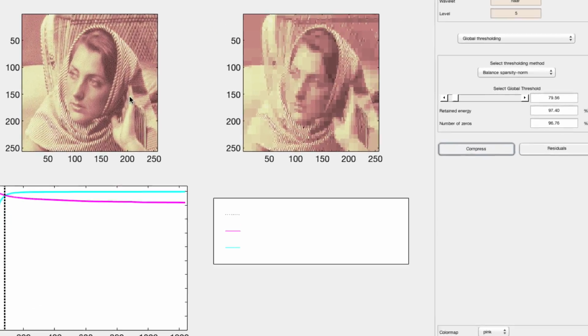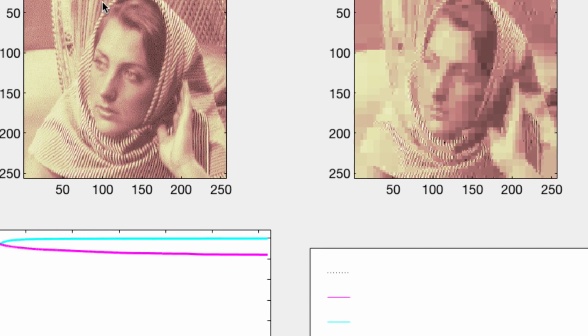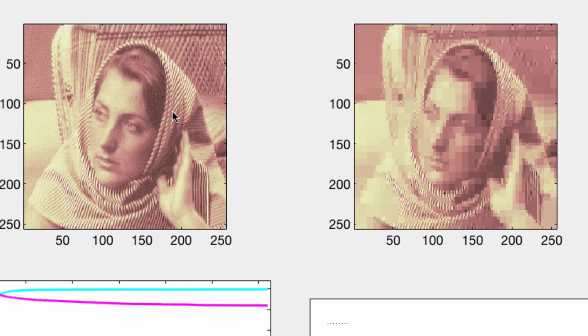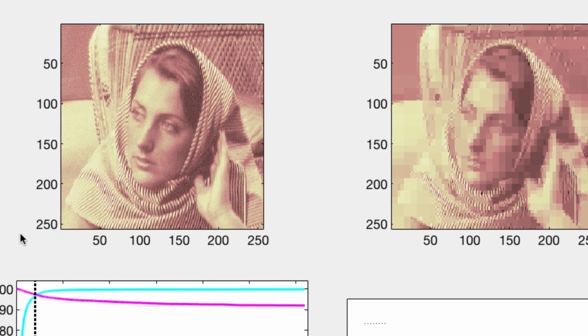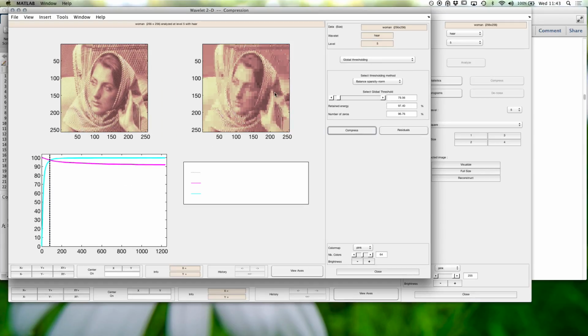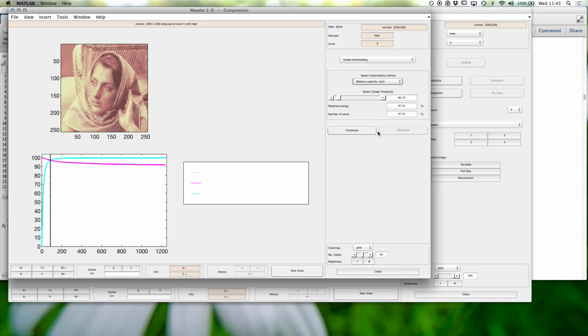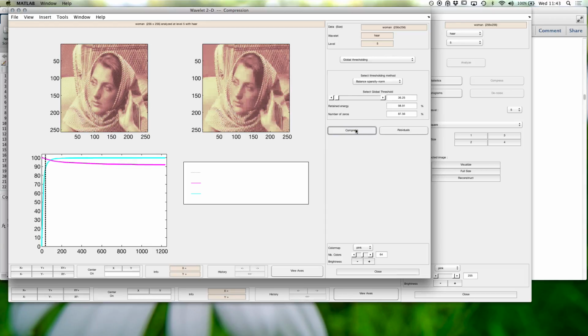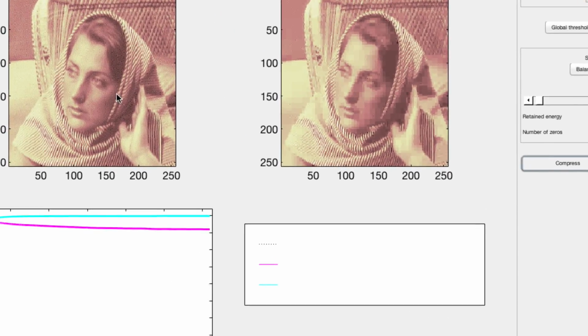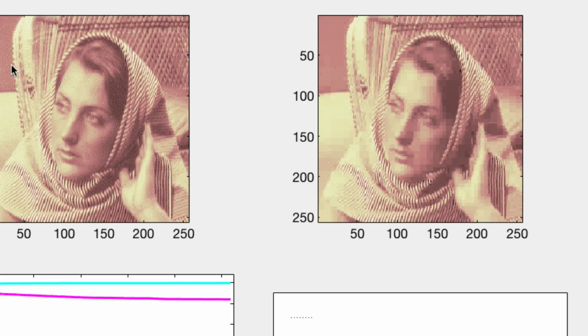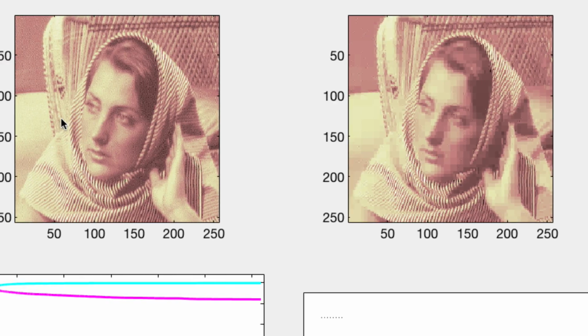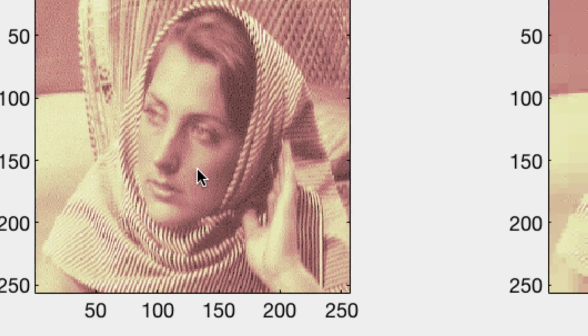So here, now you see already quite a difference in the image quality as well. I think I went a bit over. You can see there's also some noise in the image.